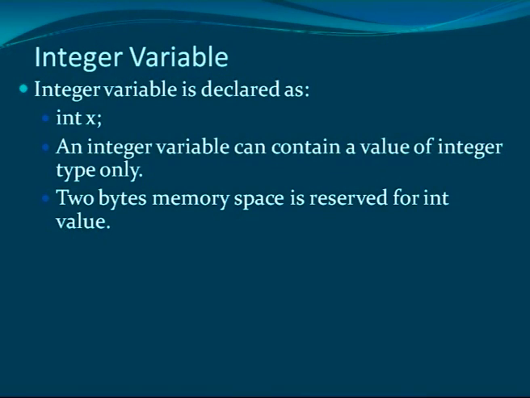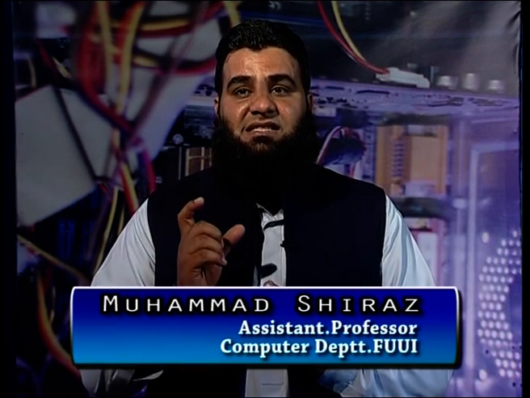An integer variable can contain a value of integer type only, and 2 bytes of memory space are reserved for an integer value. Dear students, you should remember that each value is assigned some memory space in RAM. That's why it is necessary to define the data type of a variable.